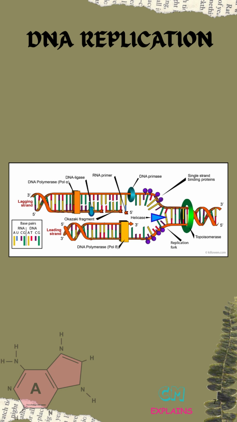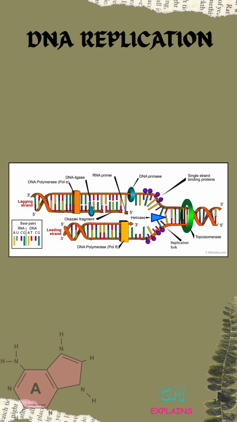This DNA polymerase is of two types. We have DNA polymerase 1 and DNA polymerase 3. The DNA polymerase 3 adds the DNA nucleotides to the new strand that is being formed, both the leading and the lagging strand.